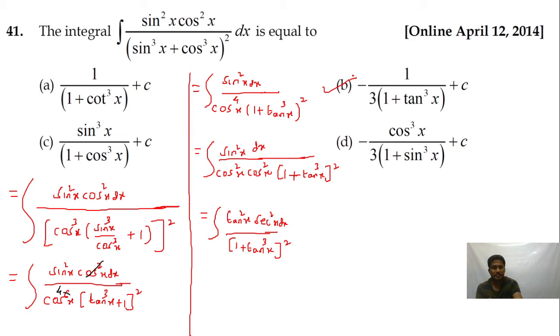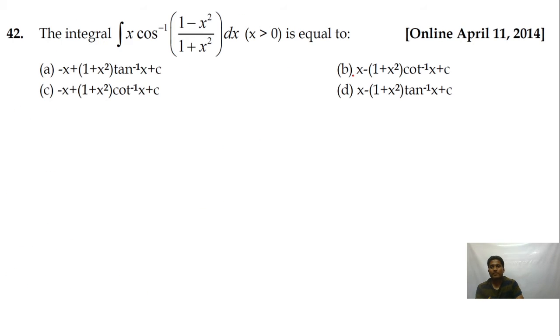Okay, let's move to the next question, guys. See, you have done this in NCERT only. 2 tan inverse of x is actually cos inverse of 1 minus x square by 1 plus x square when x is greater than or equal to 0.